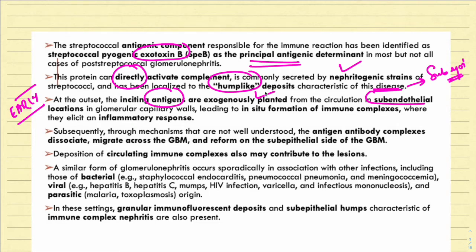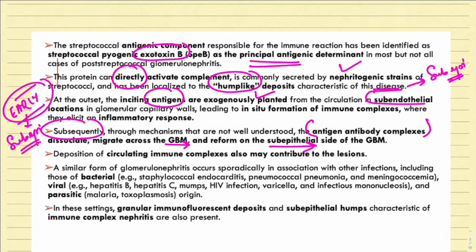Okay, very important. But subsequently, through an unknown mechanism, these antigen antibody complexes that are formed will migrate across the GBM towards the subepithelial side. So ultimately, later on, there will be classical subepithelial deposition. So in PSGN or acute post-streptococcal glomerulonephritis, initially the deposits will be in the subendothelial region. Later on, they will be in the subepithelial region.